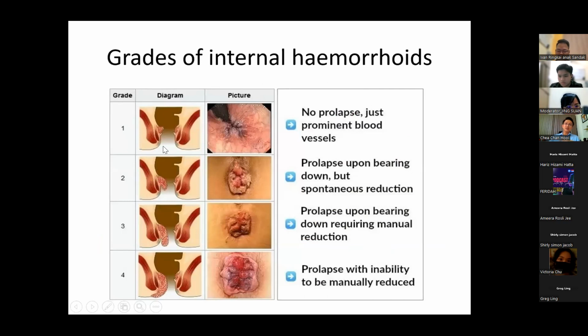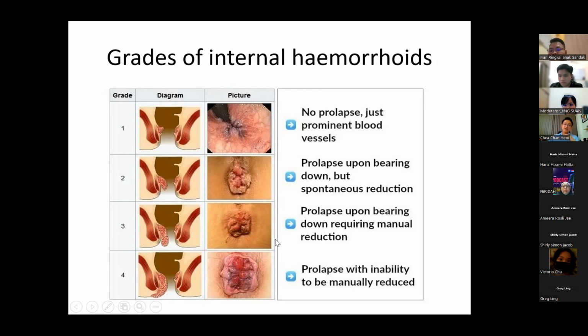In clinical practice, we classify internal hemorrhoids into 4 grades. Starting from grade 4, the worst, the highest grade, the hemorrhoidal tissue has dropped down, can be seen externally, and is located externally at all times.